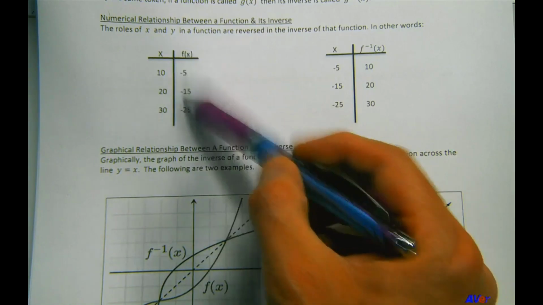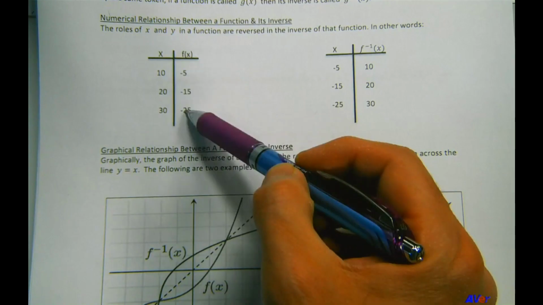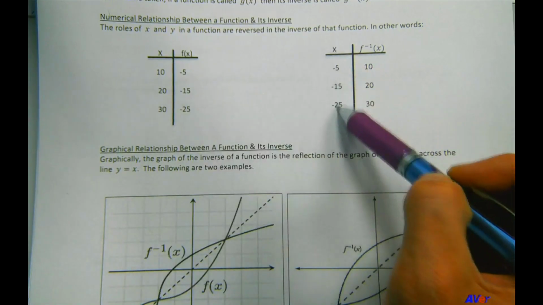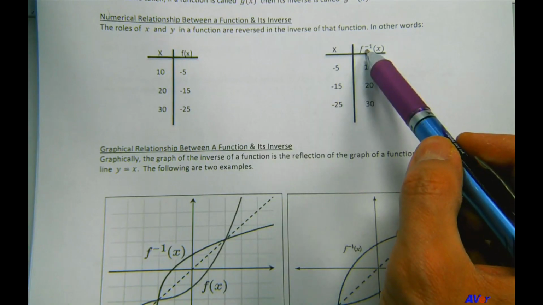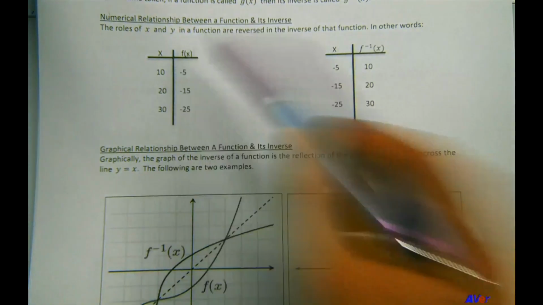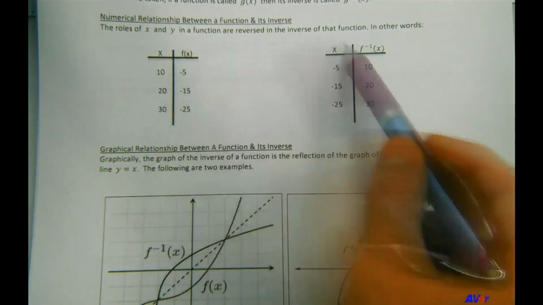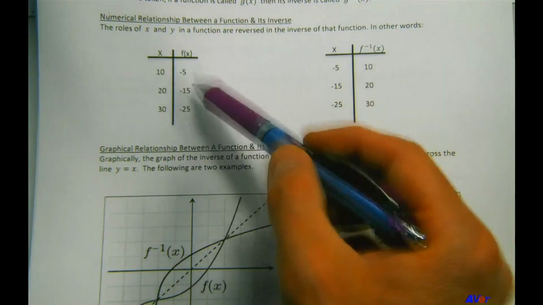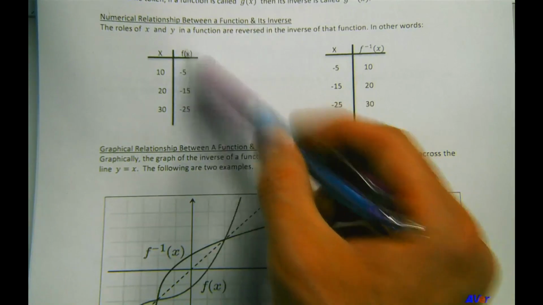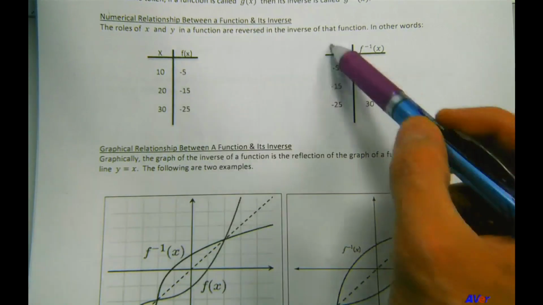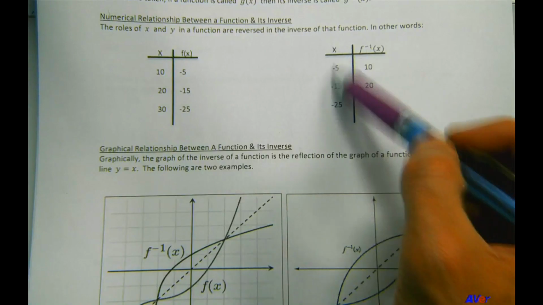What used to be the dependent variable, or f of x, is now the independent variable x in the inverse function. I hope you're catching the differences between the notations here. So -5, -15, -25 were the y values, or f of x values. Now they become the x values in the inverse function.